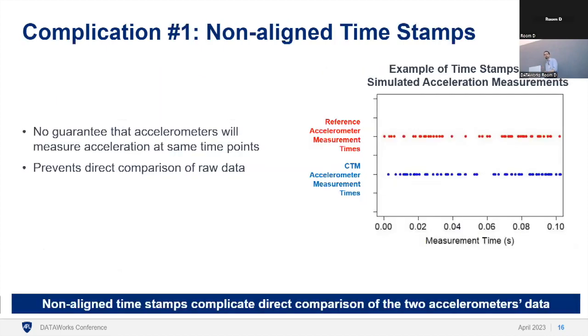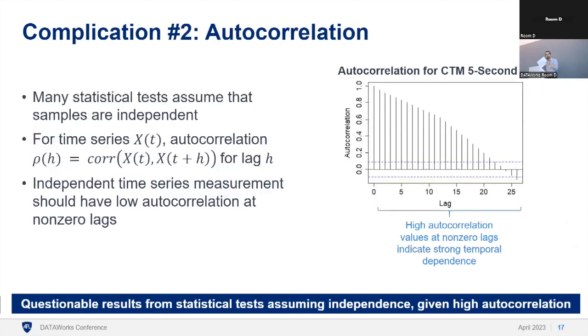So quickly, I'll harken back to some of the challenges that we're facing. We are not guaranteed that the timestamps are aligned, so we can't directly compare one measurement to another from the two time series. And then also there's a substantial amount of autocorrelation within the time series, where if you take one measurement and compare it to the preceding measurement, there's a high amount of correlation. You can see as you lag different numbers of measurements, it takes a while before you get down to a smaller amount.